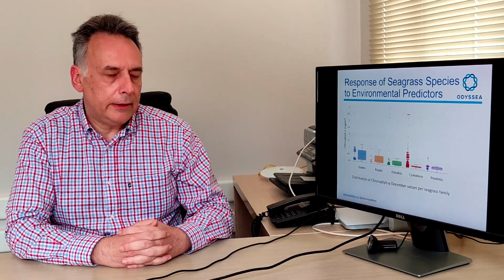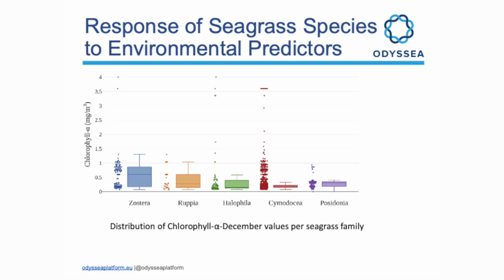The same for Cymodocea. Cymodocea is again a bioindicator of clean waters, and you see that they like again very low chlorophyll levels and very, very narrow change in chlorophyll levels. On the other hand, you see Zostera, for example, which is a seagrass giving us an indicator of poor water quality, and Ruppia, they like a broader window in terms of chlorophyll levels.